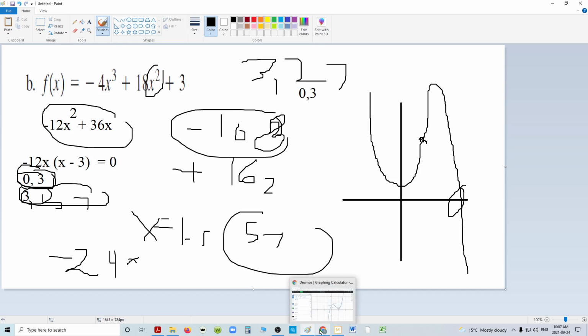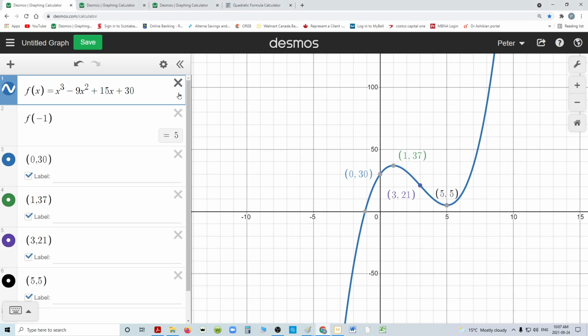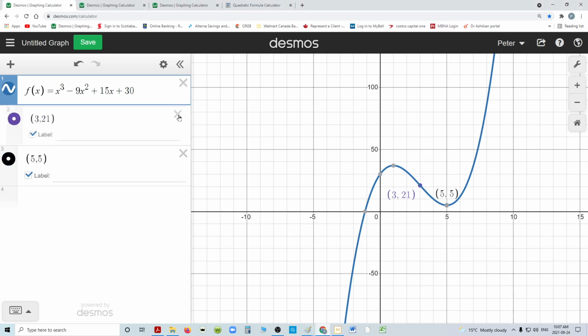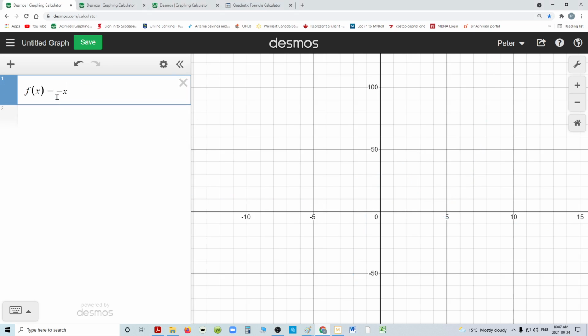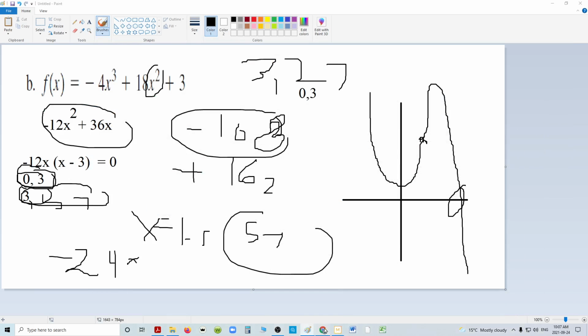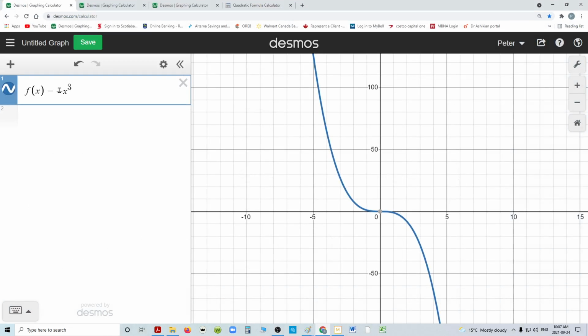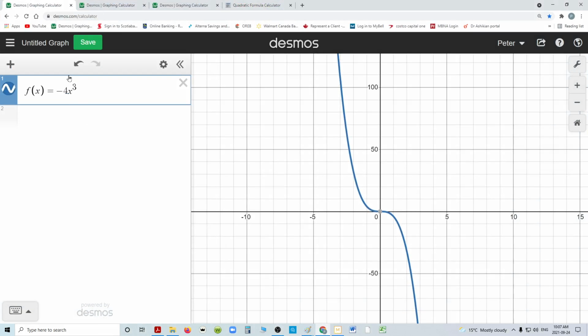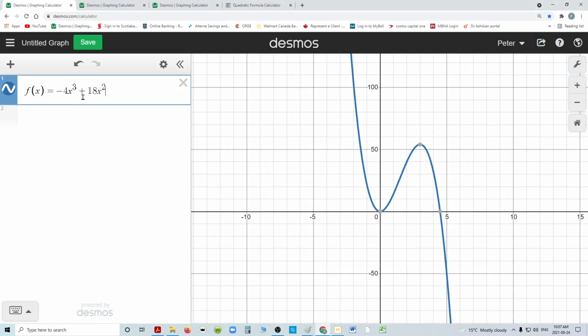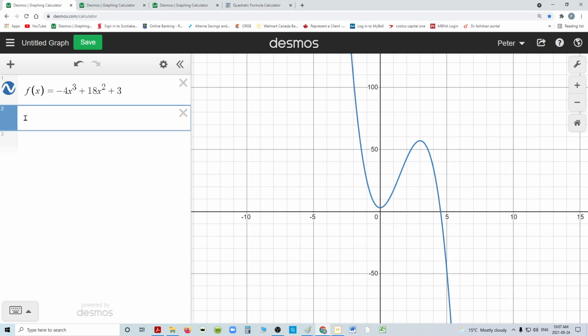Let's just see quickly if we came close on all this. So we get minus 4x cubed plus 18x squared plus 3. So there's the min and max discovered.